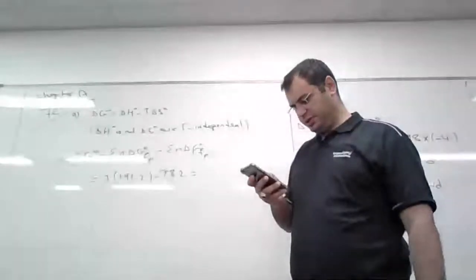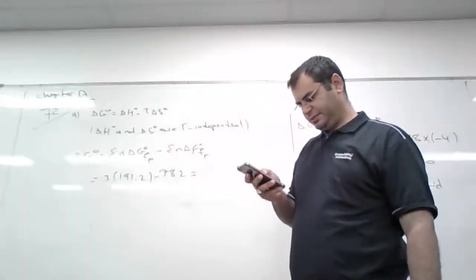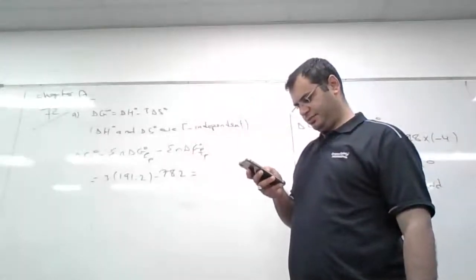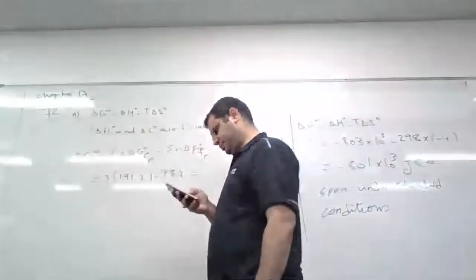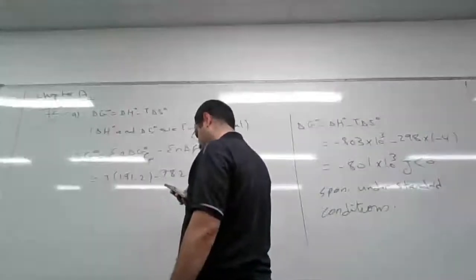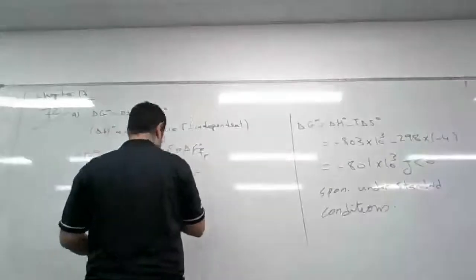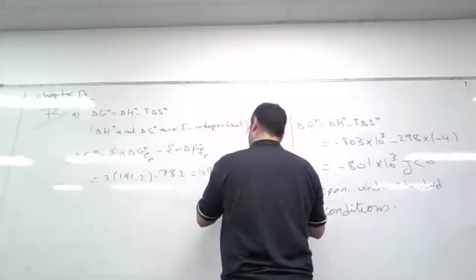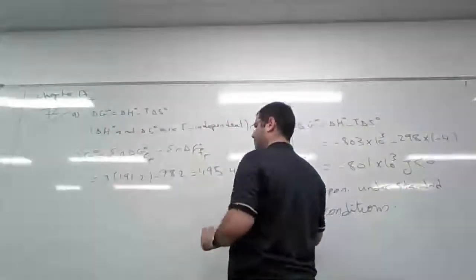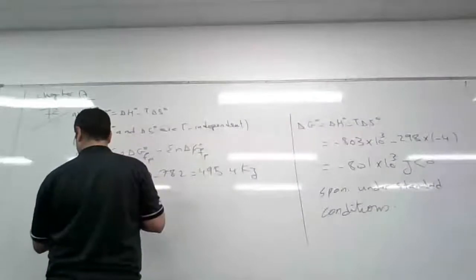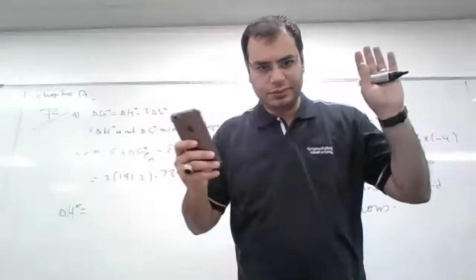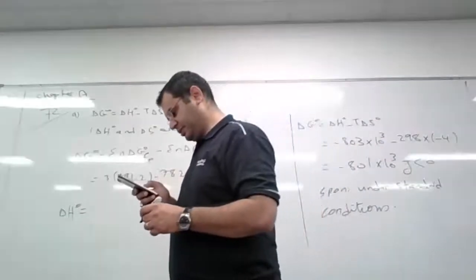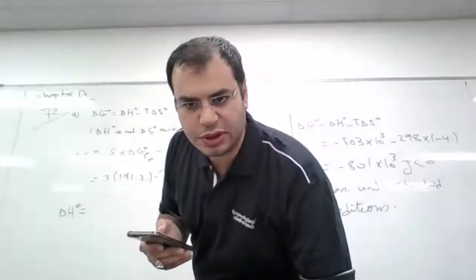Okay, let's continue with this. Equal to 495.4 kilojoules. Delta S naught is 321.13.